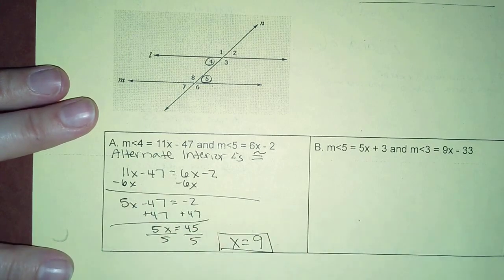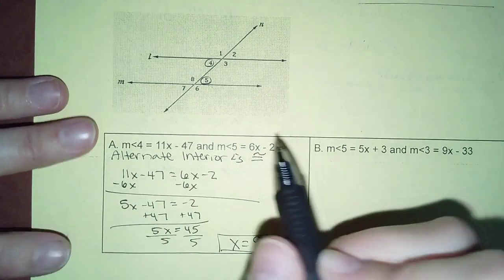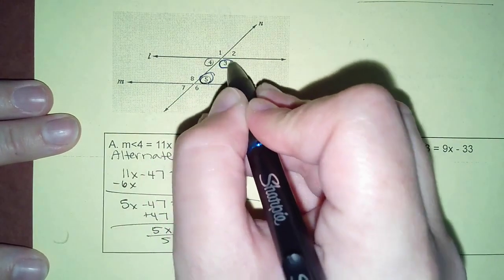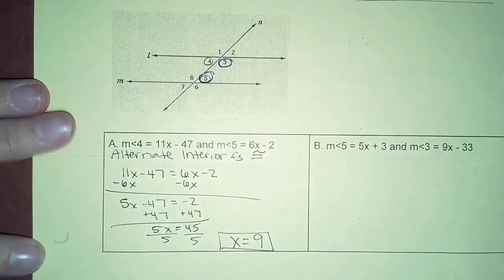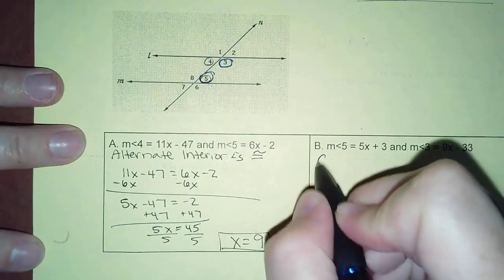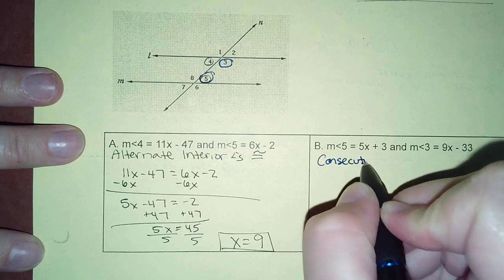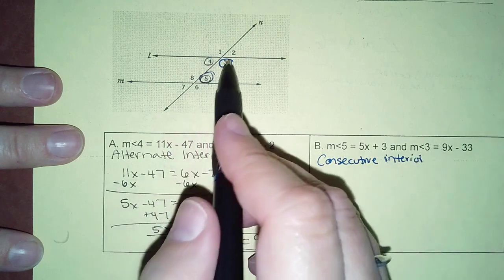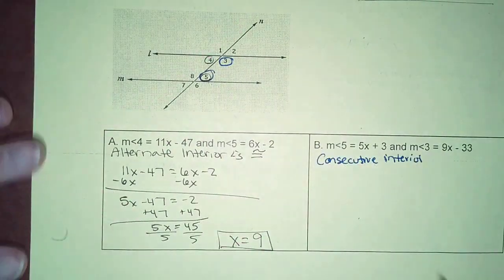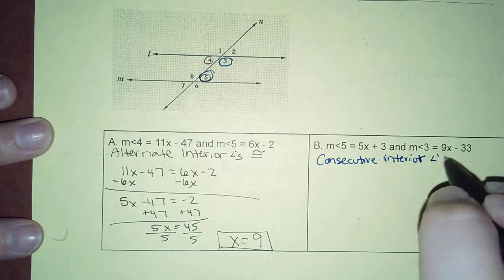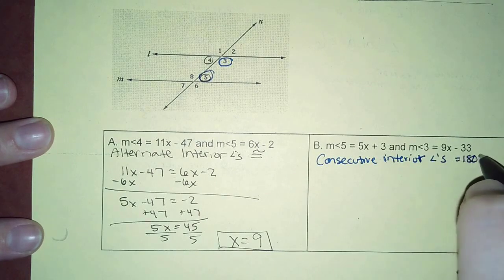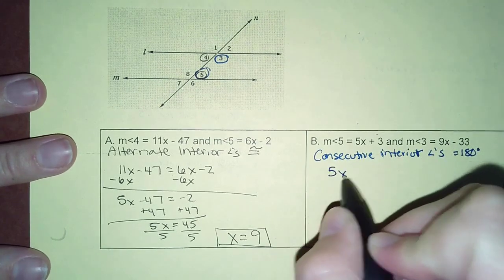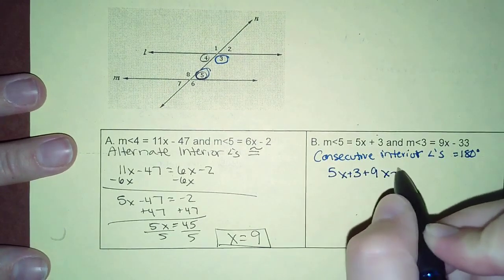Then we have angle 5 and angle 3. Angle 5 is here, angle 3 is here. They're right in a row, so that would be consecutive. They're on the inside, interior, and they're on the same side of the transversal. Consecutive interior angles equal 180. So let's add these two pieces together and set them equal to 180. 5x plus 3 plus 9x minus 33 equals 180.